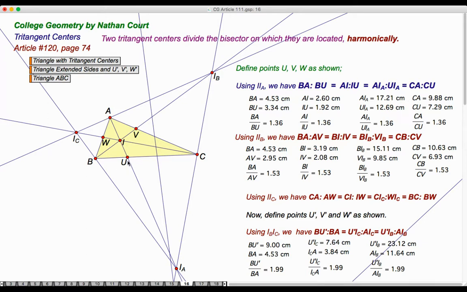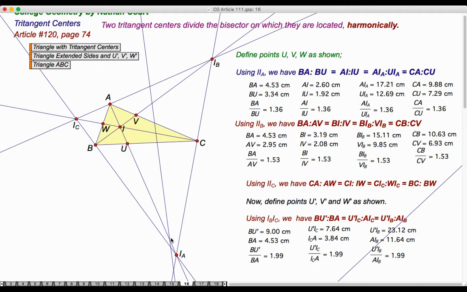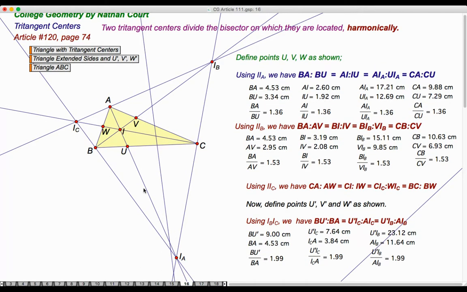That's point U. If I consider tritangent centers I and I sub A, I will be dealing with the lines that are collinear with I sub A, and that is A and U. Thus, BA is to BU, keeping in mind that this is an angle bisector, is equal to AI is to AU.